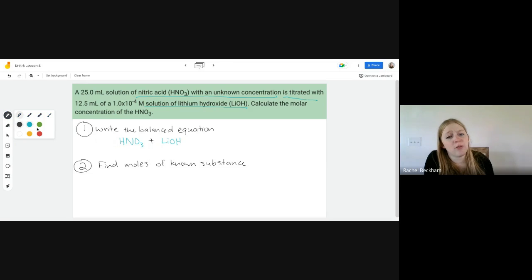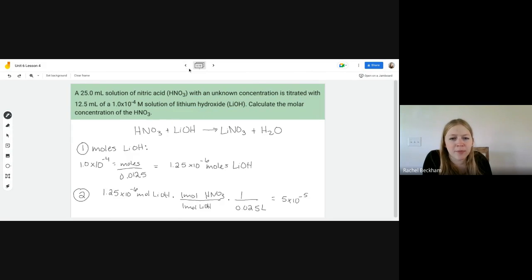Calculate the concentration. We need to figure out what the products are. When you have an acid and a base, this is our acid, it has an H, and this is our base, it has an OH. The acid is going to donate a proton, and basically they all swap partners.